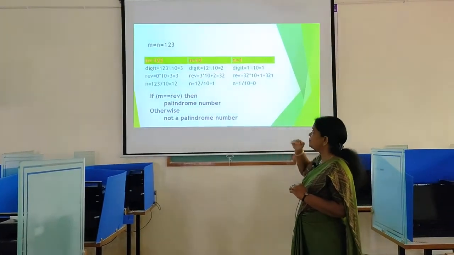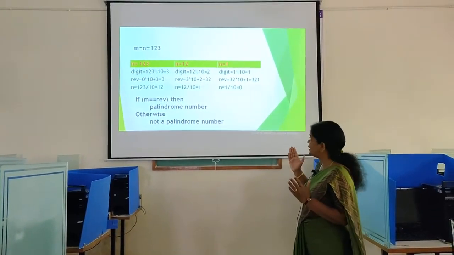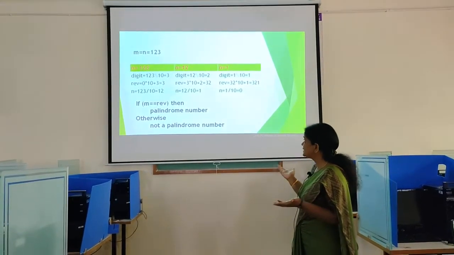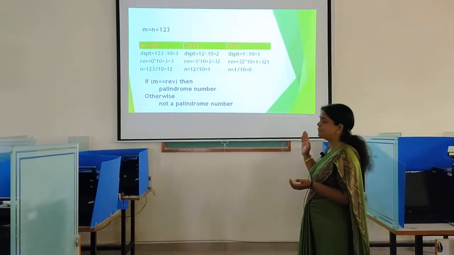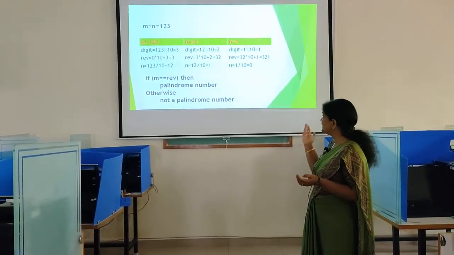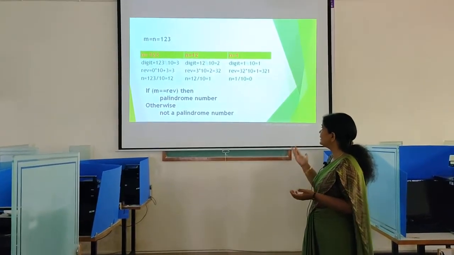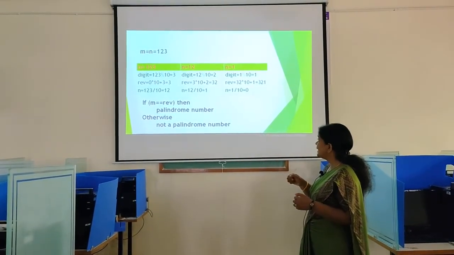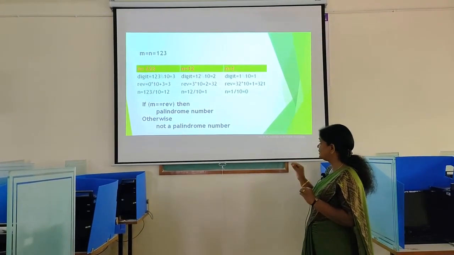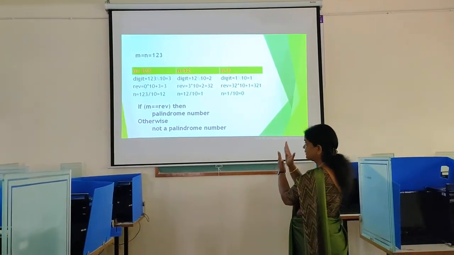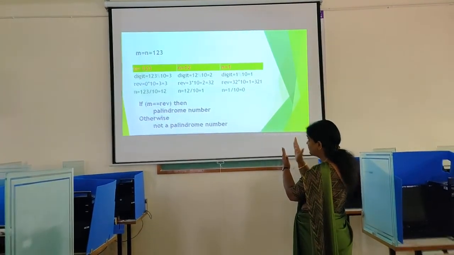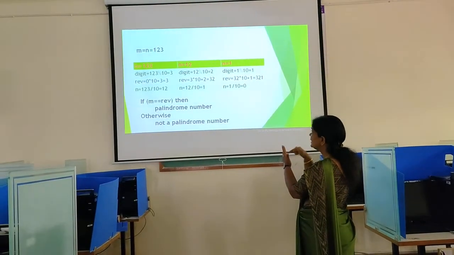Now repeat the same process until n is equal to 0. Your n is now 12. Repeat the same procedure. Now digit is equal to 12 % 10. You will get the last digit, that is 2, the remainder. Next, take reverse. Already in reverse we have 3. So we want to move the position of 3 from last to the second position. For that purpose 3 into 10 moves it to the tens position.